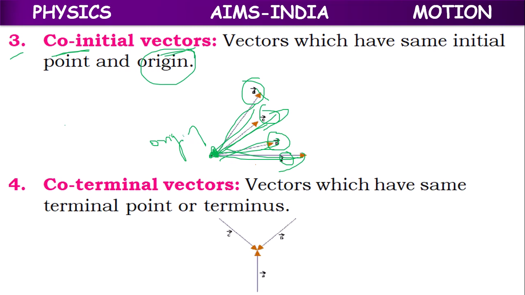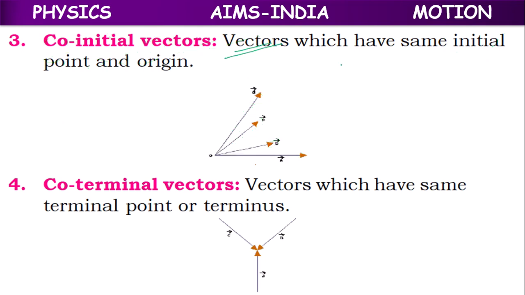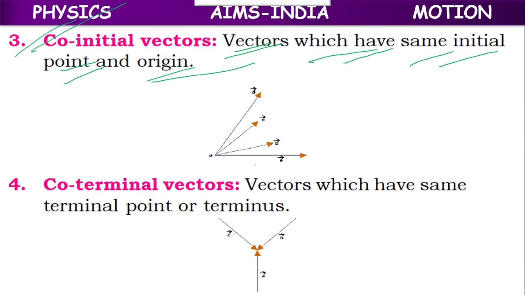Their origin is common. That's why they are called co-initial vectors or common initial vectors. Co-initial vectors are vectors which have the same initial point and origin.